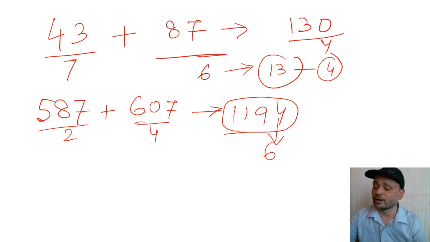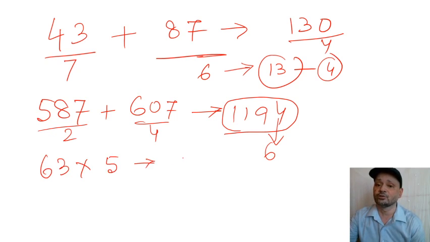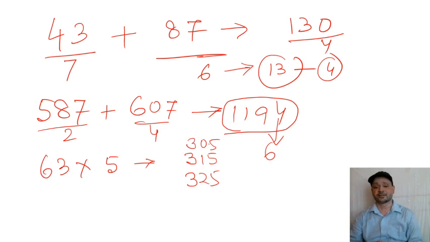Similarly, if you go for multiplication, suppose 63 into 5. Suppose you have three numbers, 315, 325, and 305. Now you have to see which one is correct. The 63 has a behavior of 9, and this has a behavior of 5. Now 9 multiplied with any number gives you only 9.